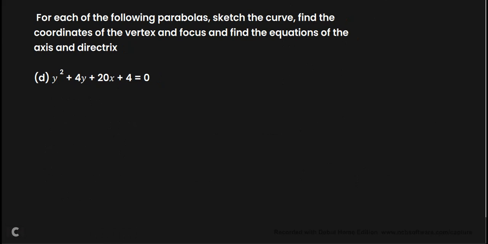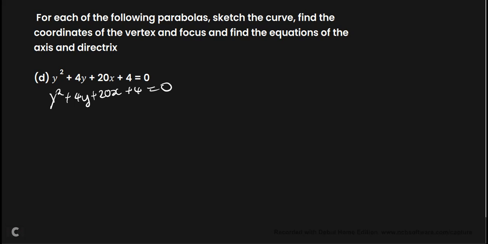Okay, let's look at another question here, which is this one: y squared plus 4y plus 20x plus 4 equal to 0. Now check which one is squared. It's y, meaning x is not squared.